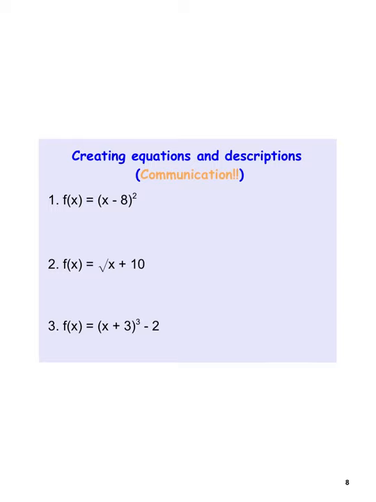So for instance, when you look at number 1 here, the first question is, what would be the parent function that we are working with here? So this parent function would have been just x squared, okay? And now what did we do to that parent function is the next question. So obviously we subtracted 8 inside that parenthesis. And again, what does that mean? Well, if it's a vertical change, then it would have been plus or minus some value here. So this is a horizontal change. So is it to the right or to the left?